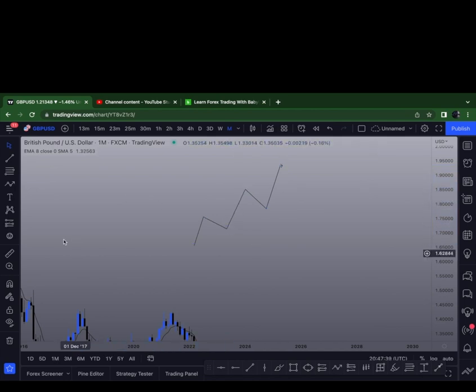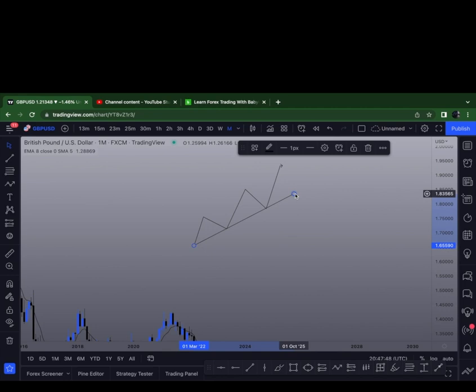You draw the trend line from here to here like this. So here is point A, B, C. The market will bounce off the trend line, but if you want to use it, you always look out for the third touch on the trend line.